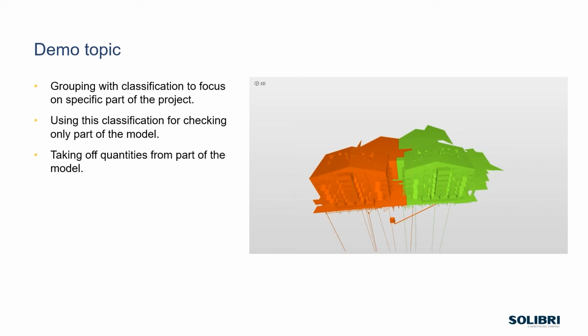So I will show you one way of grouping the buildings into different sections so that they can be more easily visualized and used in the checking and also when taking off quantities.